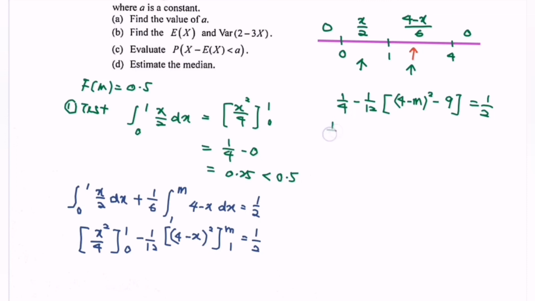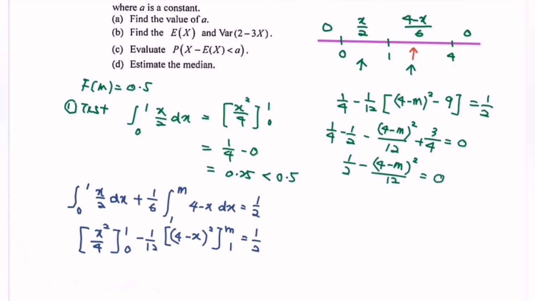We have 1 over 4 minus 1 over 2, and then negative (4 minus m) squared over 12, and then plus 9 over 12, which is 3 over 4, equals 0. Kindly simplify the situation. So we will have 1 over 2 minus (4 minus m) squared over 12 equals 0. Rearrange the situation.